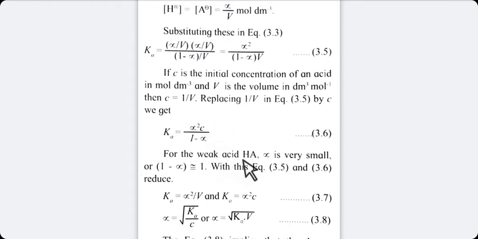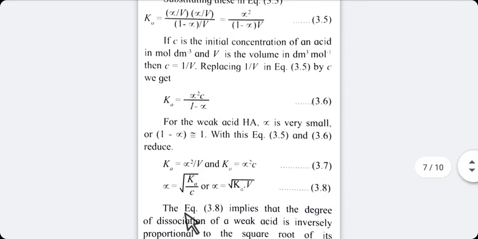Because for a weak acid, alpha is very small. That's why 1 minus alpha is equal to 1. If 1 minus alpha is equal to 1, this formula will be changed into Ka is equal to alpha square upon V, and this formula will be changed into Ka is equal to alpha square into C.